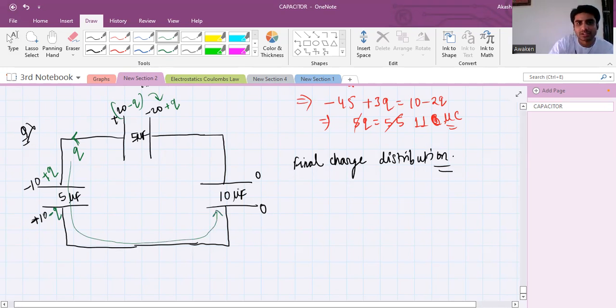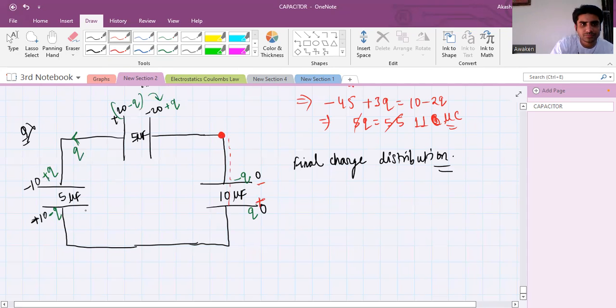Just like current flows throughout the circuit, you can assume Q is flowing like this. Now let us start from this point, whichever point you want. So this is negative, basically this is positive.